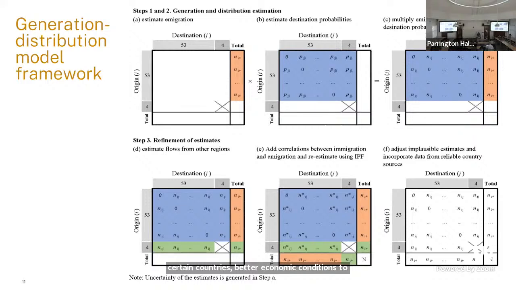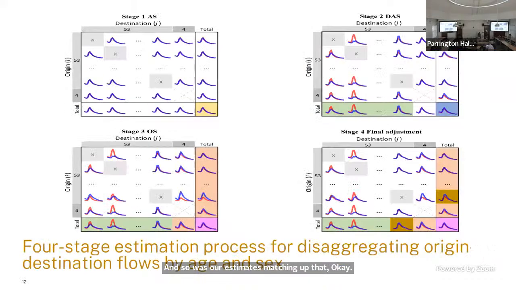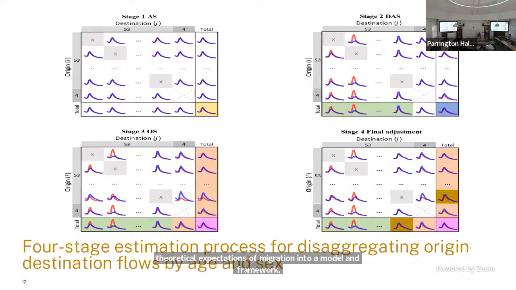And so were our estimates matching up with that thinking? But that was a challenge. Yeah, that's an assumption too. Yeah, exactly. A lot of these, combining your theoretical expectations of migration into a modeling framework, where you're also trying to use whatever available data that you can get your hands on to inform that thinking.